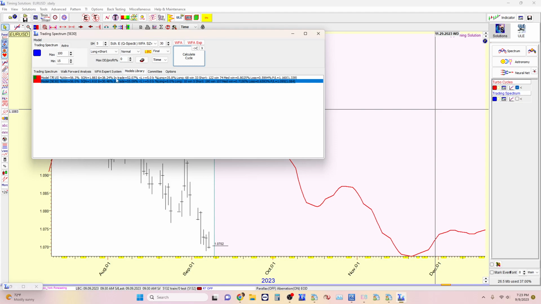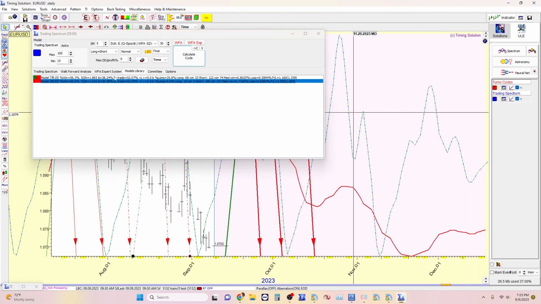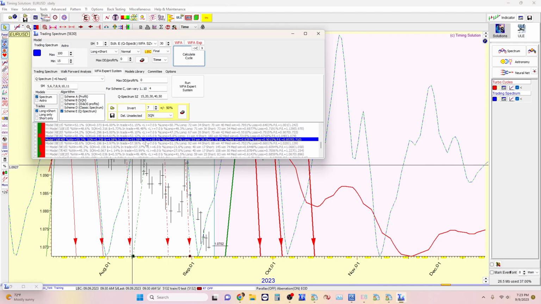I found 2 models that I put in the library that I like. This one currently that I found to be the most useful, model 10E40, the SQN is over 0.13. I think it was 0.13 to, maybe it was 1.